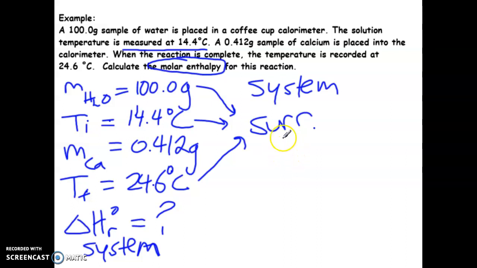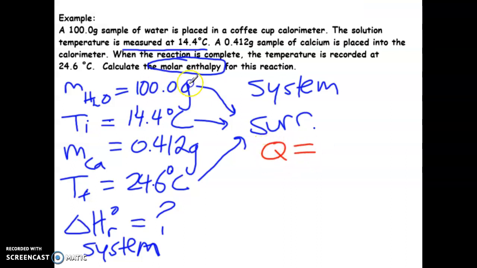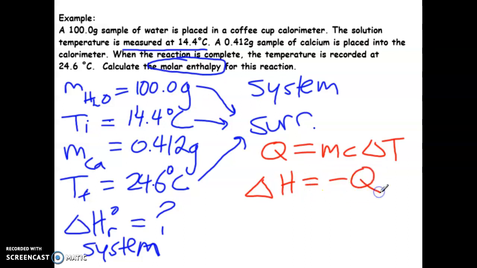So we have to have a way of combining all of the ideas that we've learned so far. So let's recap what we have. I'm doing it in a different color here. So we know Q is equal to MC delta T. We know that delta H, enthalpy, is equal to negative Q. And we know that delta H is equal to moles times delta H of the molar enthalpy, delta H R naught.